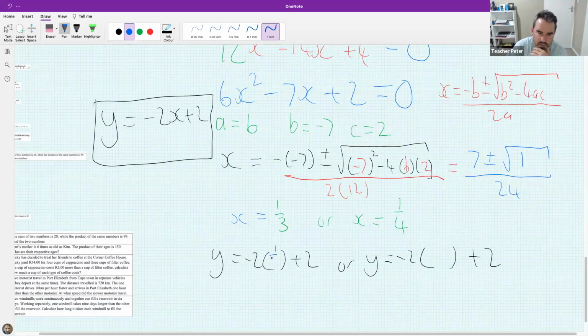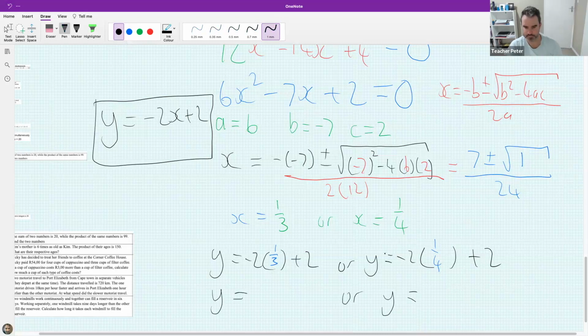So I put a third there, and I put a quarter there. Help me out with your calculators, ladies and gentlemen. What do you get for your y values? So Sange gets 4 over 3, or 3 over 2.